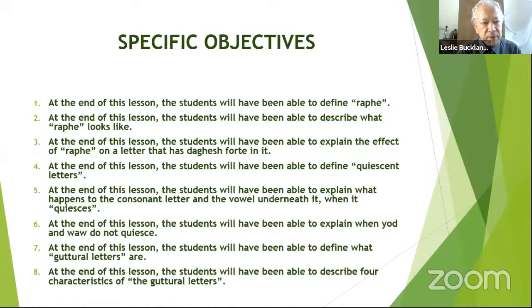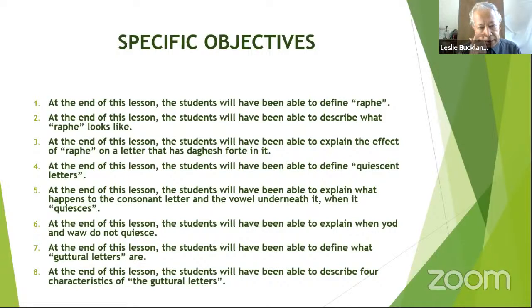Number 4, define quiescent letters. Number 5, explain what happens to the consonant letter and the vowel underneath it when it quiesces.